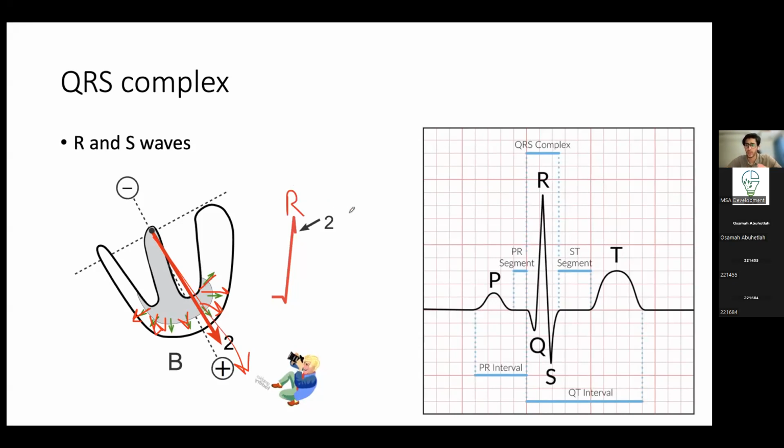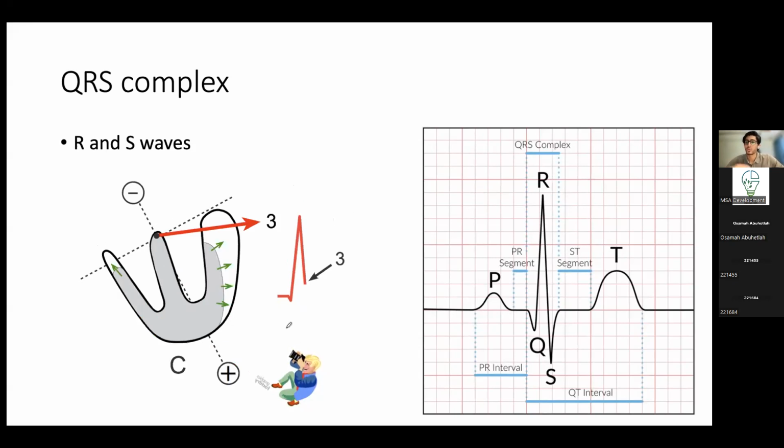Now it becomes a little crazy, just bear with me, right? Towards the end of ventricular depolarization, the vector starts to point up and in the opposite direction. It's just the way that it is. We still have to depolarize these points right here, and as you can see, the wave of depolarization is spreading upwards.